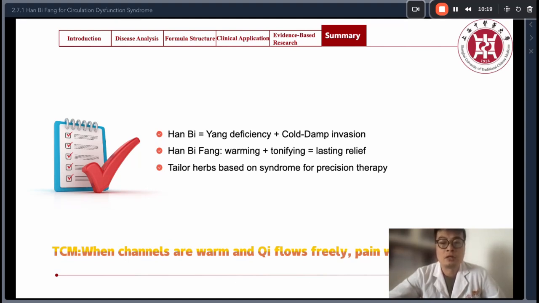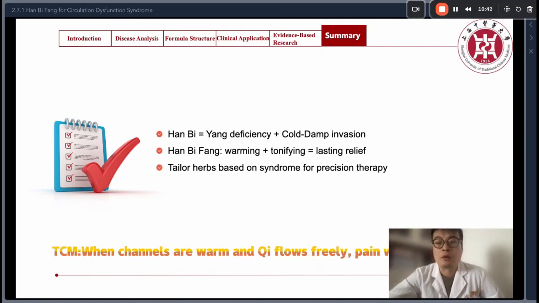It's useful in conditions like frozen shoulder, cold-sensitive joints, and stiffness in weak elderly patients. Clinical research supports its use, especially when combined with acupuncture or warming therapies. It's a smart, well-balanced formula perfect for chronic cold-related pain.